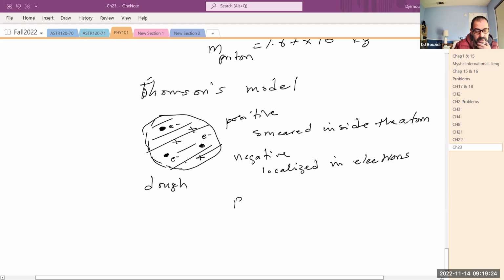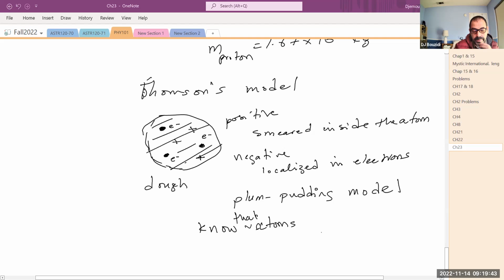So this was later on named the plum pudding model. And the reason why you need it this way is because we know atoms are neutral. Okay. So this is, in a sense, the picture that Mr. Thompson had.